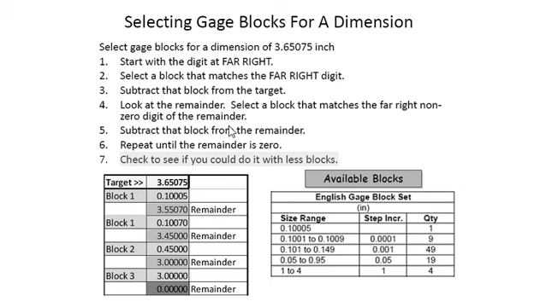So when we stack the gauge blocks together to make a height, we are going to select, okay, and it's got to be the minimum number of blocks. So we're going to start with the digit at the far right. Let's say we're going to make a dimension 3.65075. We're going to take a look at the far right digit, which is 5, okay?